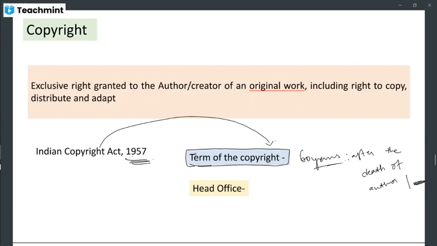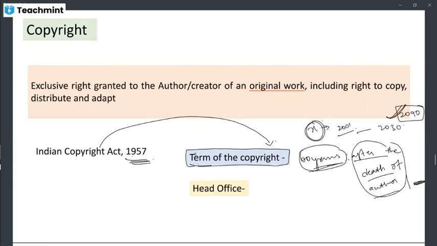For example, an author has developed software, or has written a book, in the year 2001. And then the author dies in 2030. So up to 2090, copyright is applicable on the particular thing, like a book or music CDs, whatever it might be. That is the whole lifetime of the author from when the copyright was awarded, plus an additional 60 years after his death, according to the Indian Copyright Act 1957.